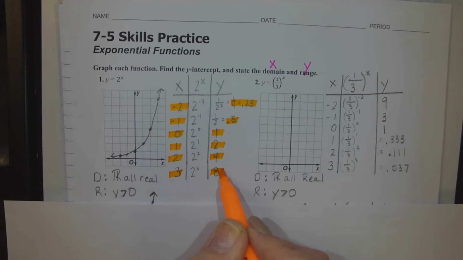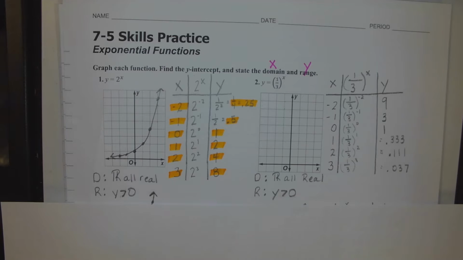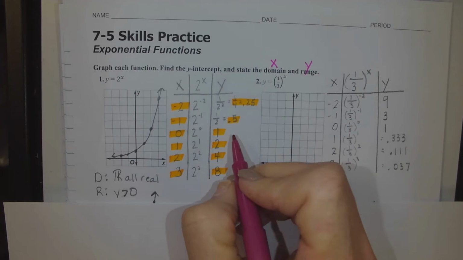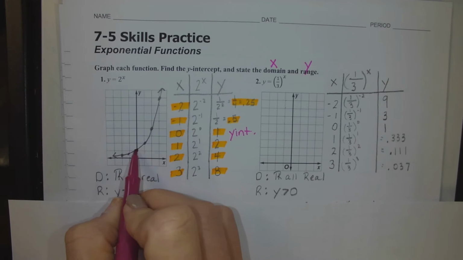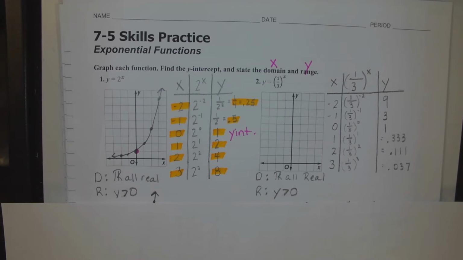And 2 to the 3rd power is 8. So looking at our table, which one is the y-intercept? Remember, for the y-intercept, you let x equal 0. So this is the y-intercept here, which is right there.